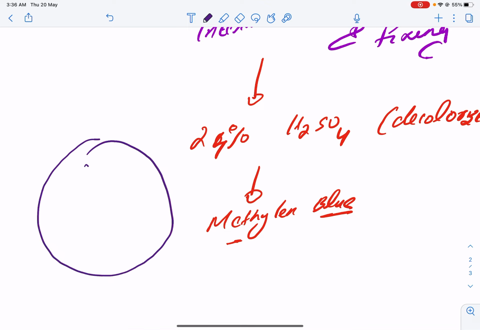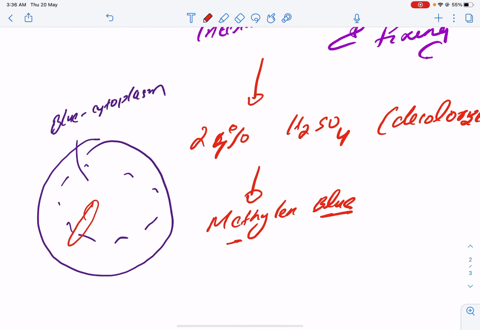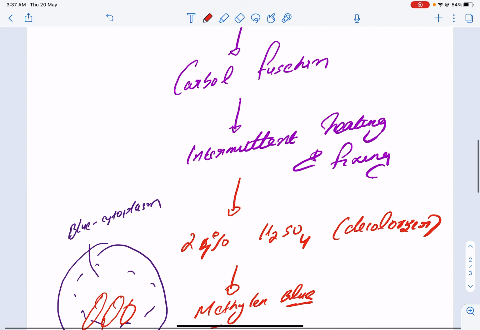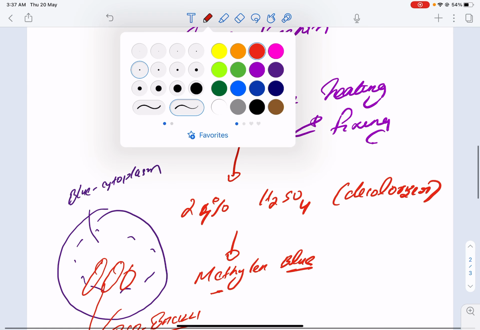If you check, you will get a blue background or blue cytoplasm, and inside we will have red bacilli. So we confirm that we were talking about Mycobacterium tuberculosis. Remember, very important, Ziehl-Neelsen. It's also a type of differential staining.